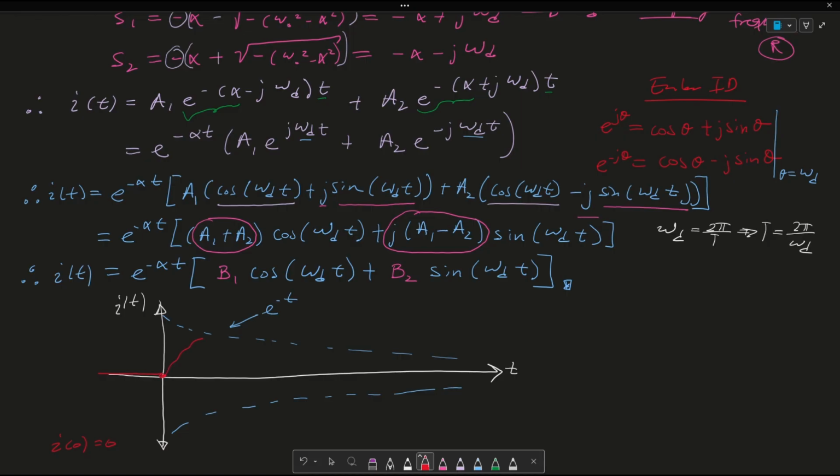What's actually going to happen is it's going to oscillate between these two boundaries and slowly go down to 0. My period from here to here is 2 pi over my damping natural frequency, omega d. So essentially we can say that this is an oscillatory response.